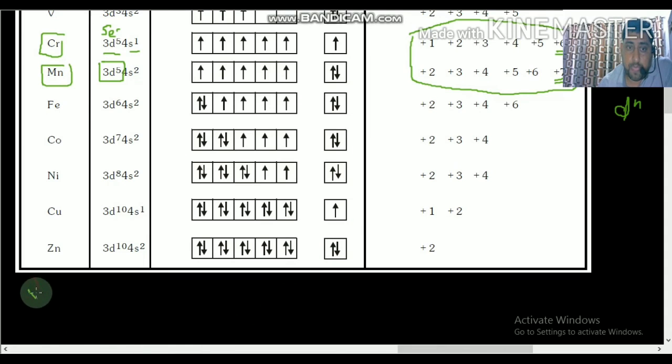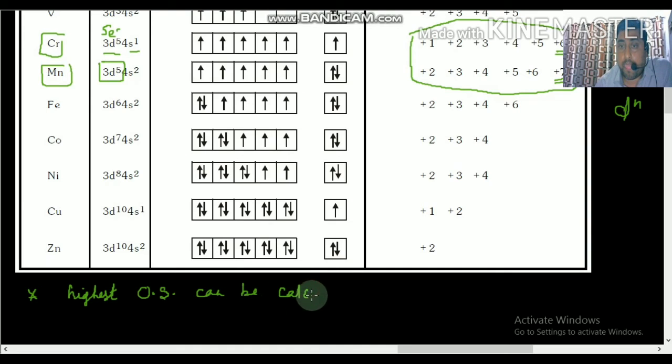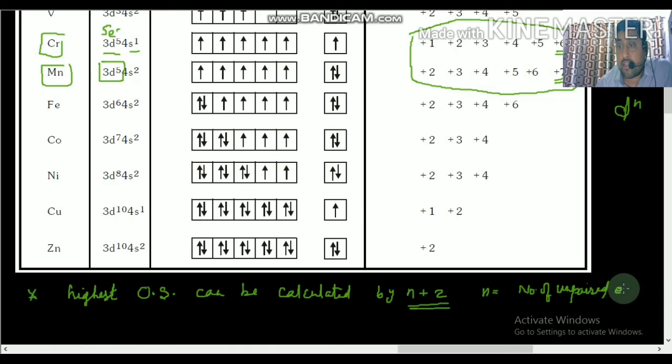Now the highest oxidation state of a transition element can be calculated by n+2, where n is equal to the number of unpaired electrons in the d subshell.